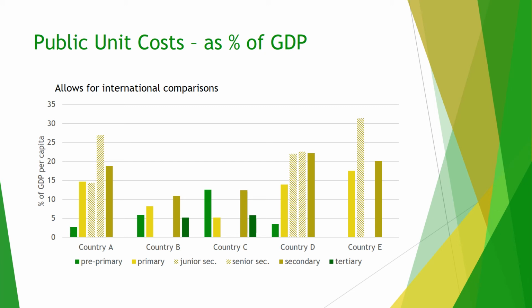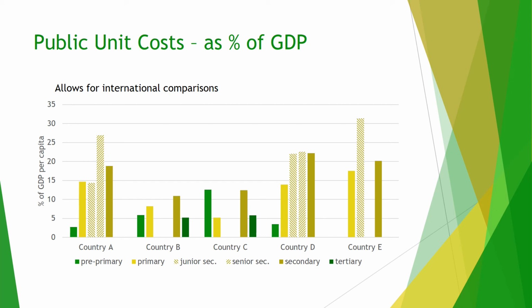The GDP per capita represents the average wealth in the country per inhabitant. So it's a better representation of the wealth of the country. It's a better representation of costs as well of goods and services.